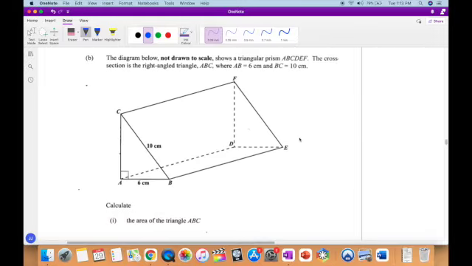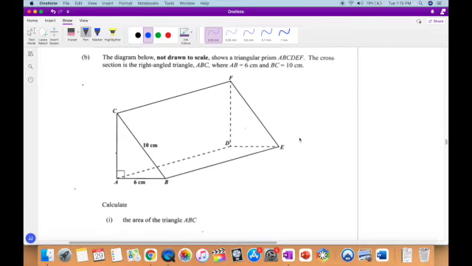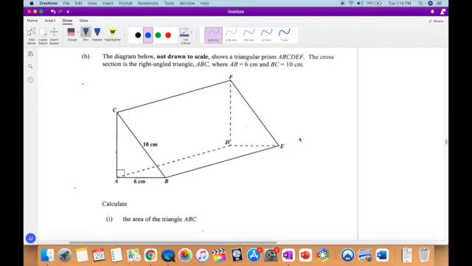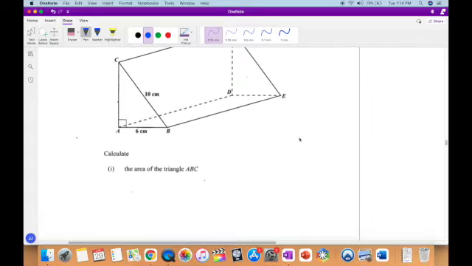The diagram below, not drawn to scale, shows a triangular prism ABCDEF. The cross section is a right angle triangle ABC, where AB is 6 centimeters and BC is 10 centimeters. We can see all of the information on the diagram there. The area of the triangle ABC will be a half the base times the perpendicular height, but I do not have the perpendicular height.